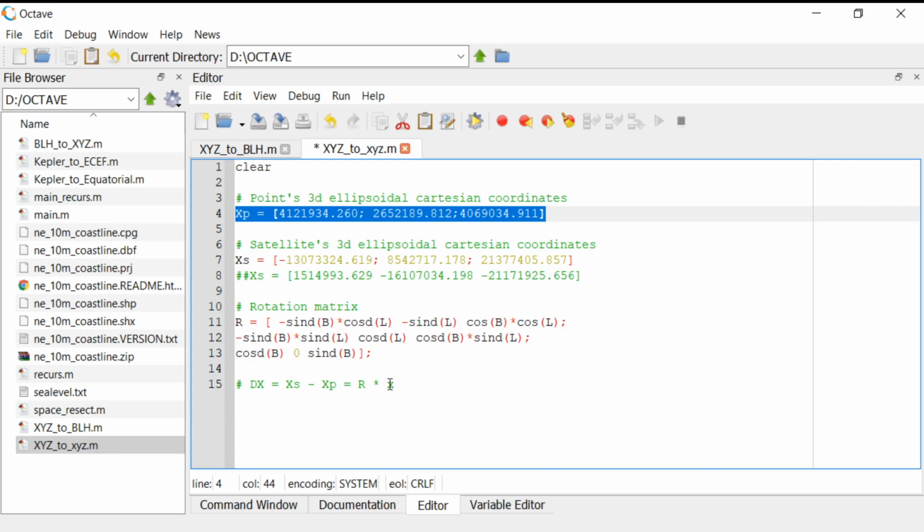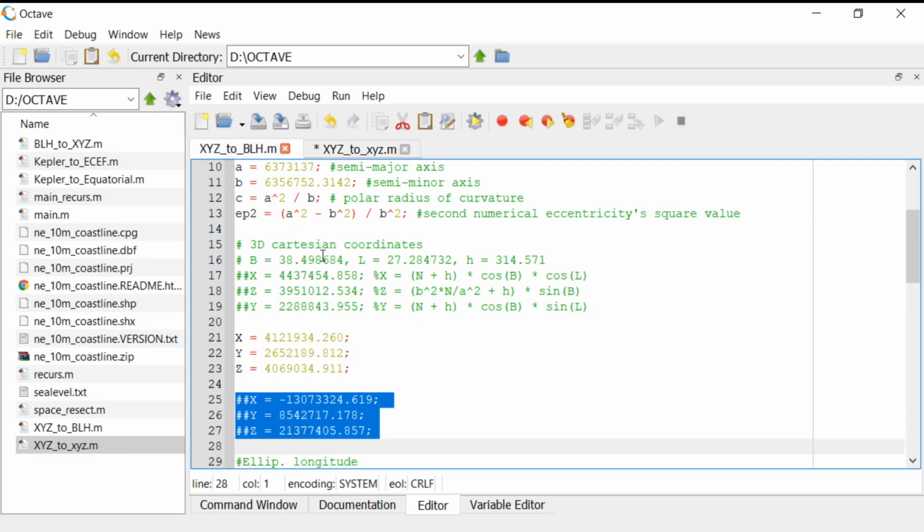For this, I will utilize our previous program generated within this lecture, XYZ to BLH. As you remember, this program converts to the geographical coordinates: latitude, longitude, and height.